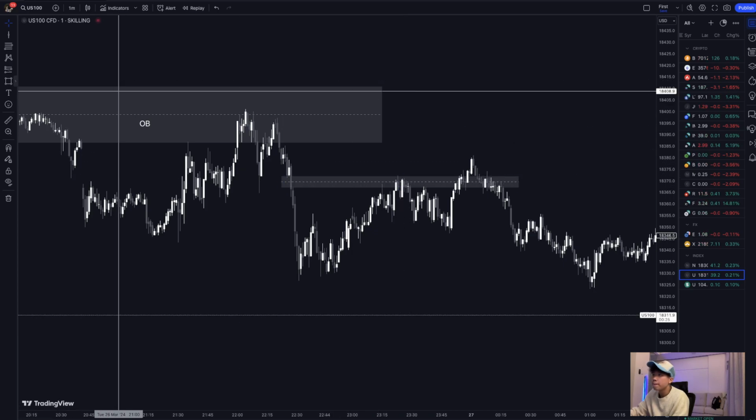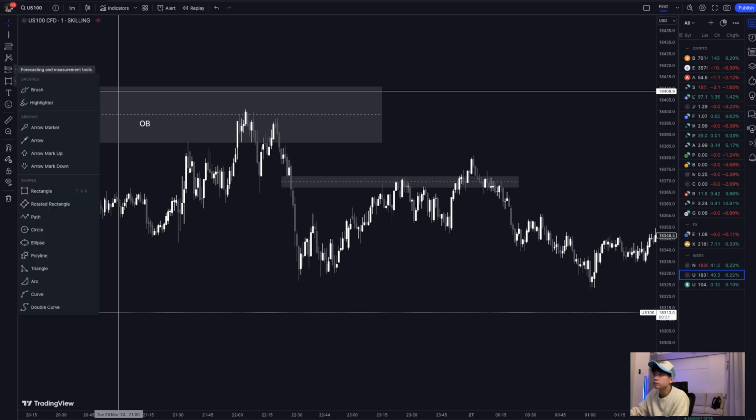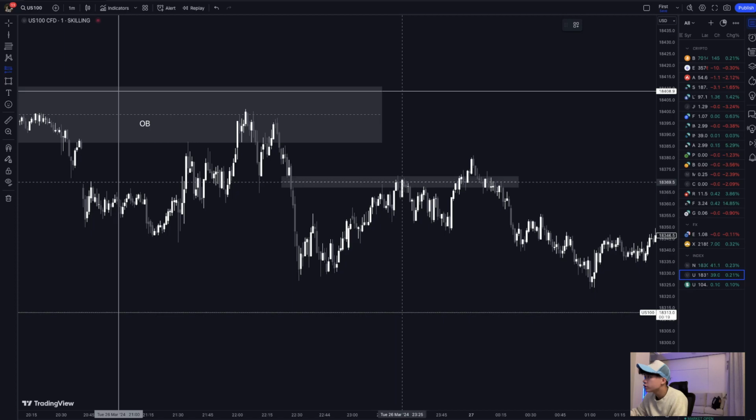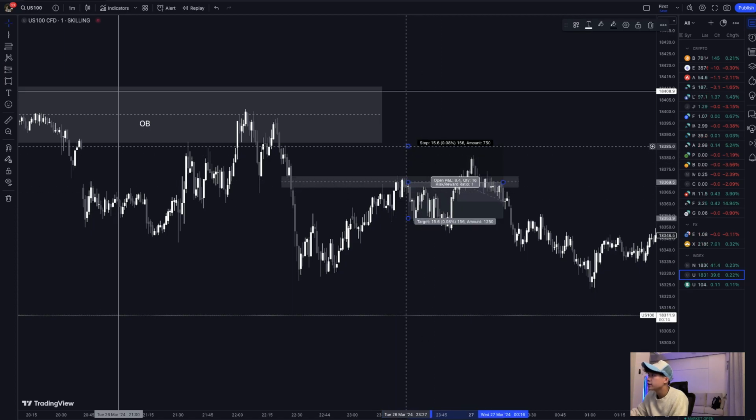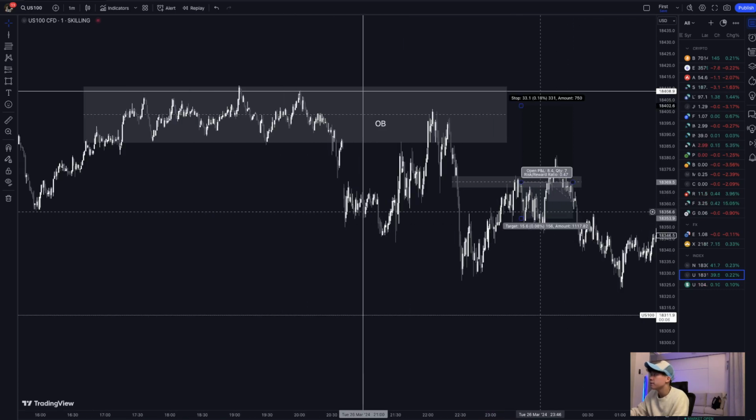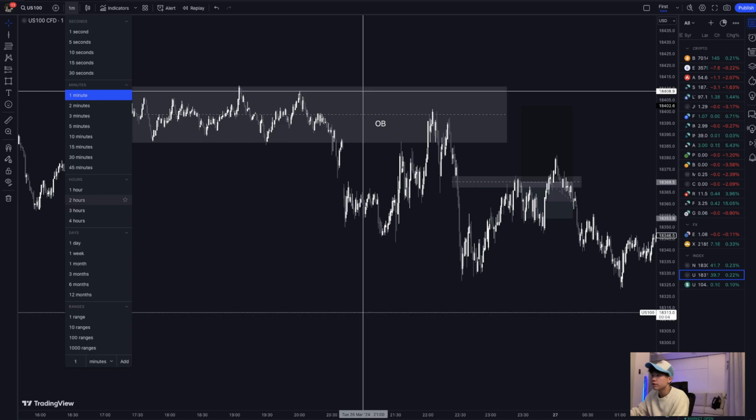So my entry would be a short position once touched. My SL would be on previous highs here. My stop is up at the high there, and my TP goes down to H1.